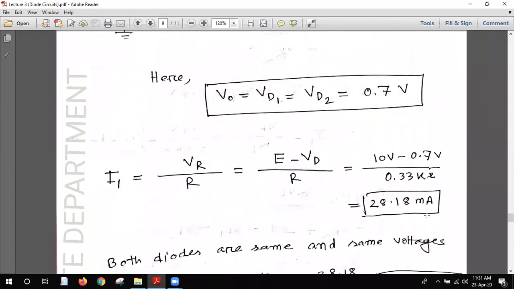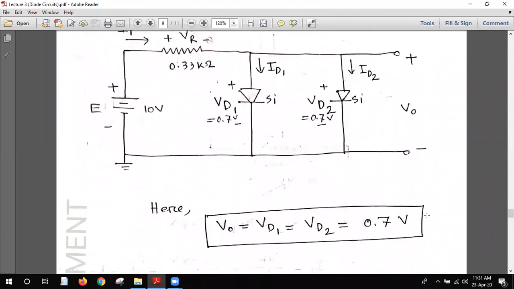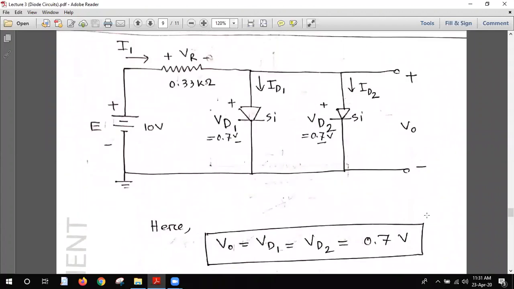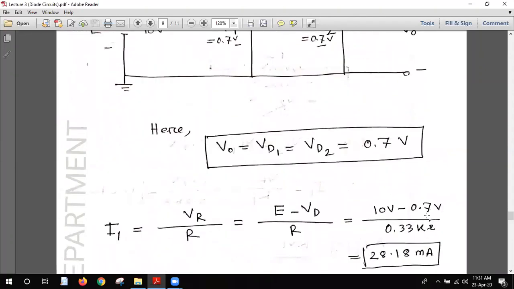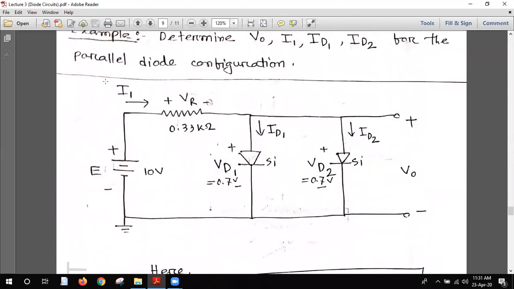Next, we need to find the current I1. How will we find I1? This current I1 is basically IR, the current across the resistance.